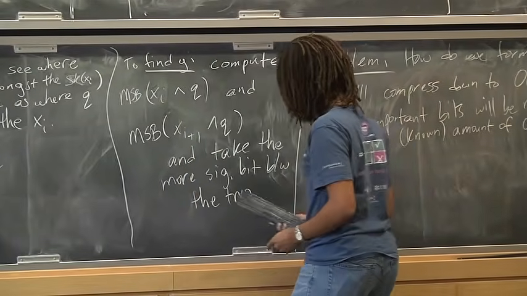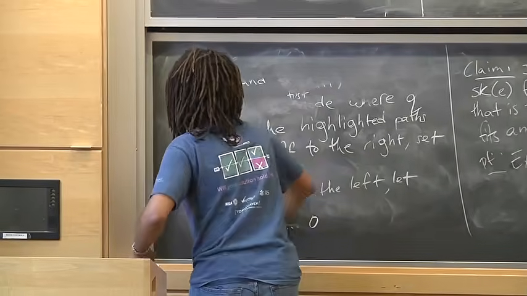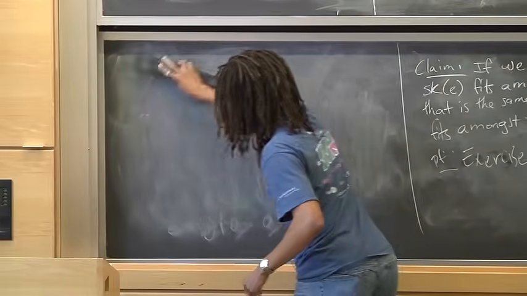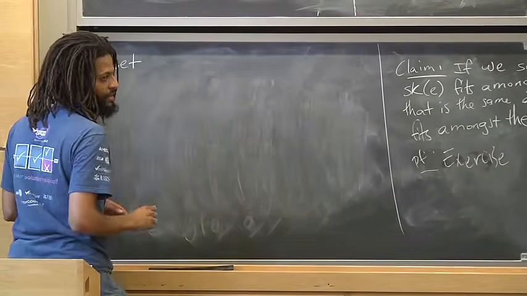And now how do I actually choose the mi's? I'll draw a picture.